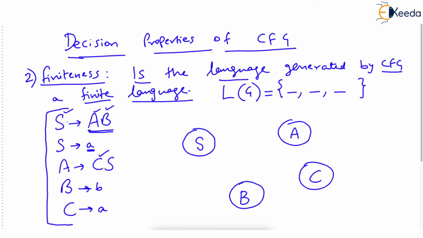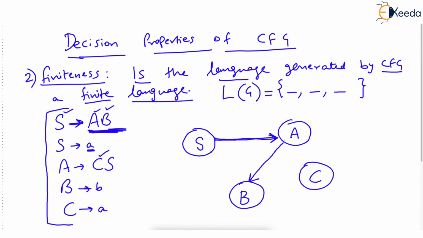Now what is S deriving? S is deriving AB. So S derives AB means we will draw a directed edge from S to A and S to B. What that means is S is deriving A followed by B. So instead of drawing a directed edge to both the vertices, we will show that S derives capital A followed by capital B. Please try to understand.